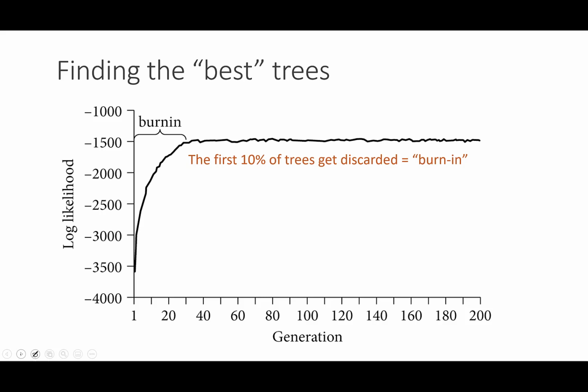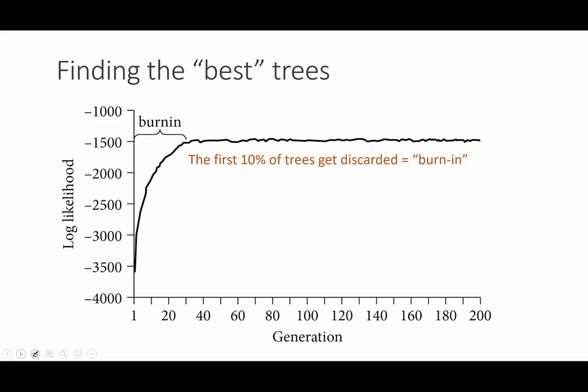Most likely the starting area in tree space is going to be in a valley somewhere. So a lot of the trees that are initially searched, a lot of those generations that are initially made, are discarded, and we call these the burn-in.